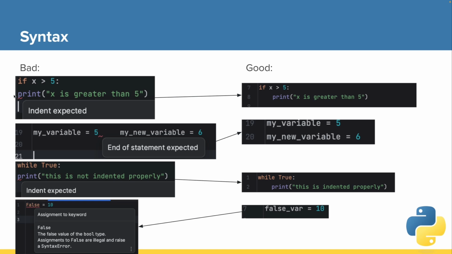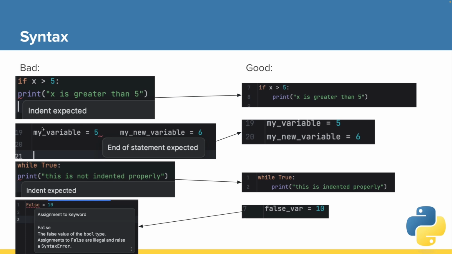So that's why I've done those screenshots here. So this first example, we see we don't have an indented area on the next line after this colon, after this if statement. We need to have indentation, as we see here. That's one of those rules of Python, part of the grammar of Python.